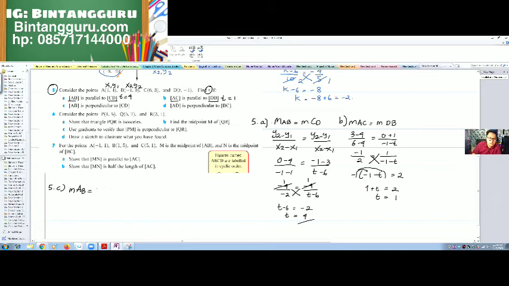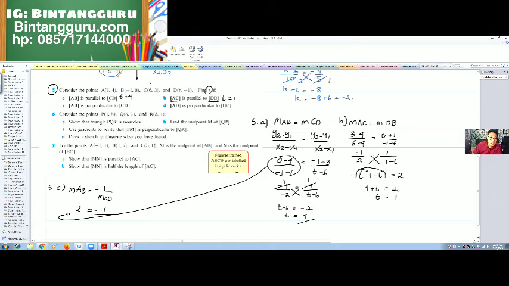So this is negative 1 over MCD. Okay, so AB, we just use this equation, right? So this is negative 4 over negative 2, so 2, right? So this is 2, and this is negative 1 over MCD.